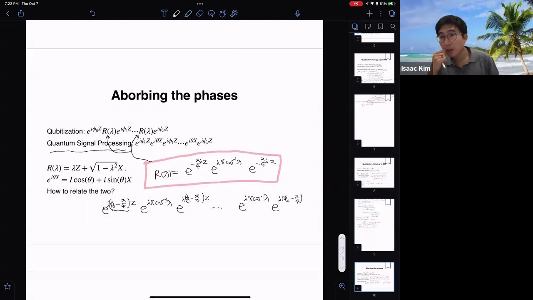Okay, and this was an important realization that really allowed us to use the mathematics of quantum signal processing for Hamiltonian simulation. Okay. Are there any questions so far?